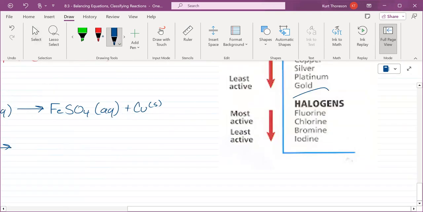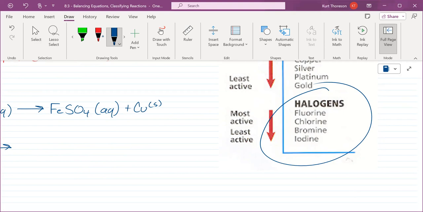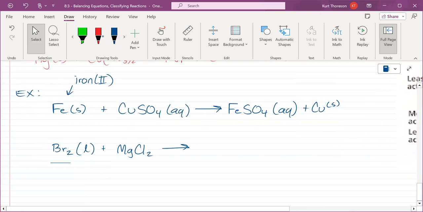If you take a look at the bottom here, it's the same scheme. Any element that is above one below it can replace it. But can bromine replace chlorine? The answer is no, it can't, because bromine is below chlorine. So we would write NR, no reaction.